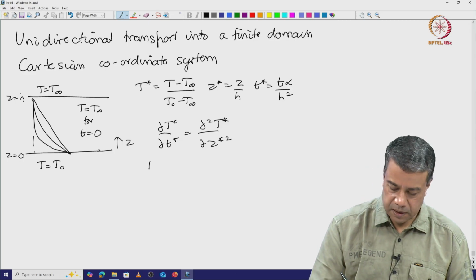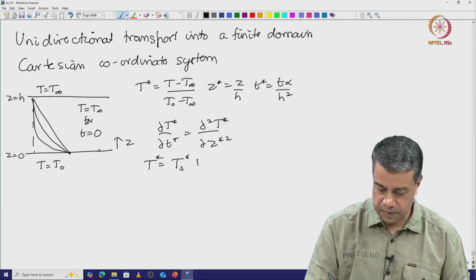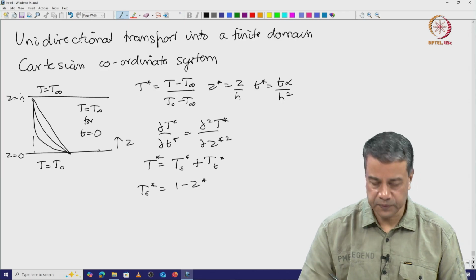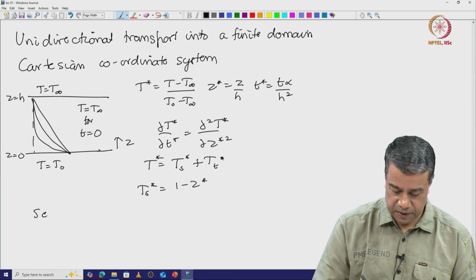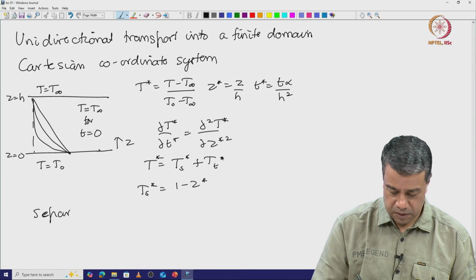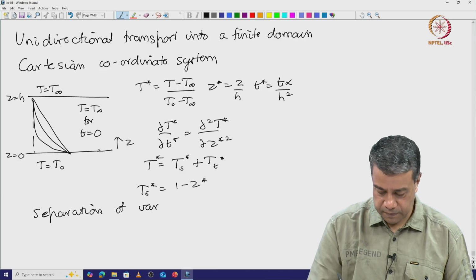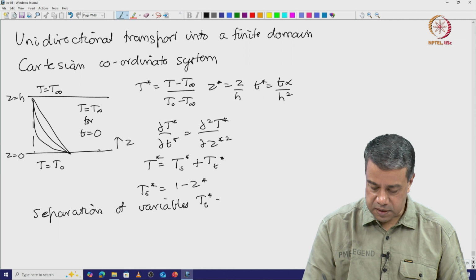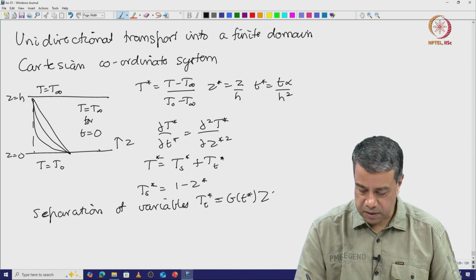We had separated the temperature into a steady temperature plus a transient temperature, where the steady temperature is equal to 1 minus Z star. The transient part of the temperature we had solved using separation of variables: the transient temperature is equal to some g of t times Z of z.